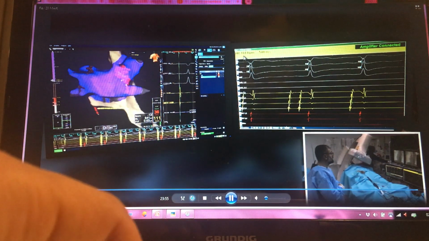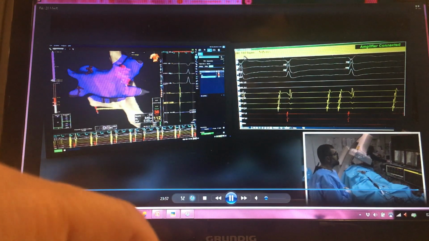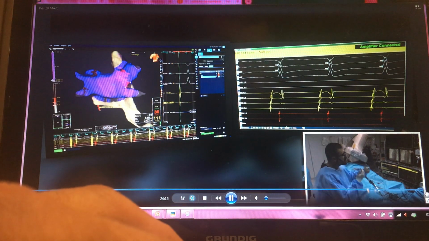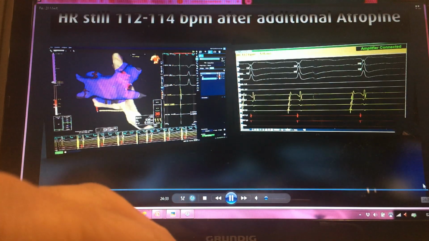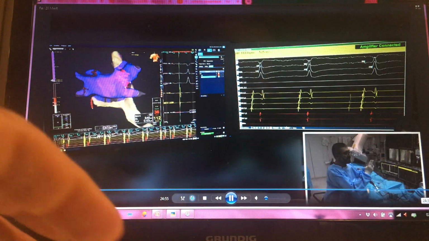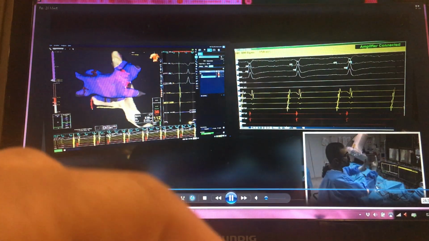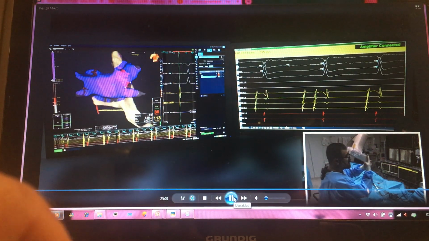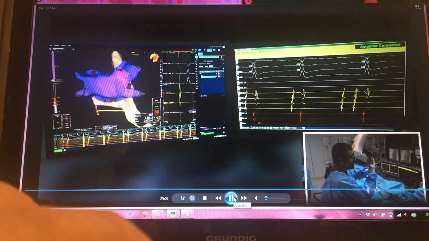Heart rate is still 112 BPM level. Yes, there is no additional increase in heart rate. It seems stable, and the procedure finished. Thanks for your attention.